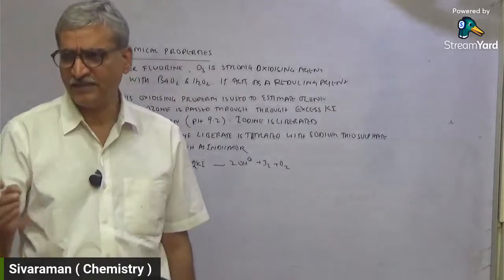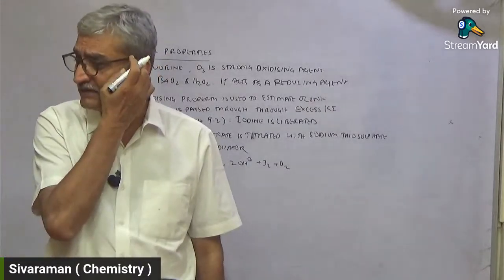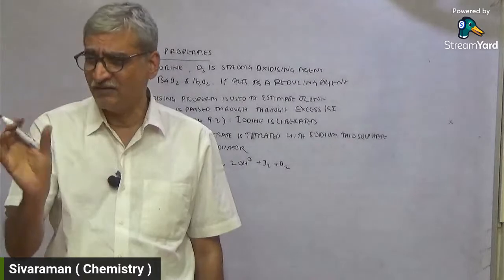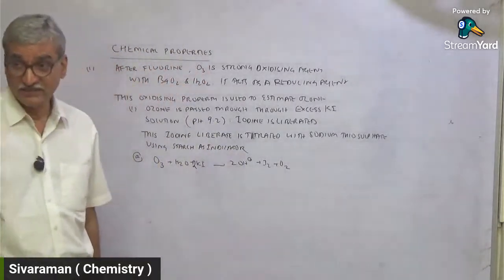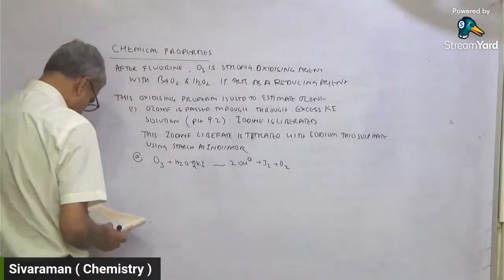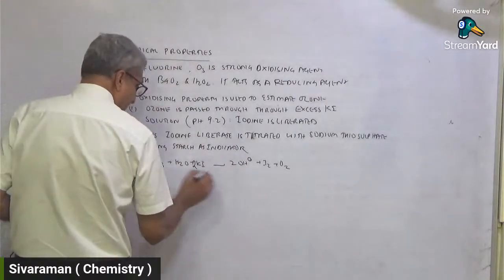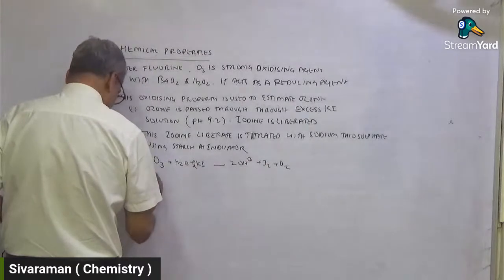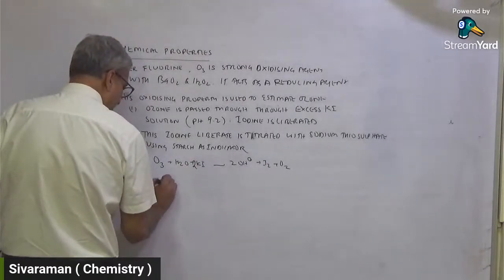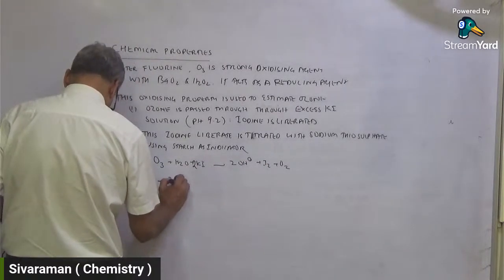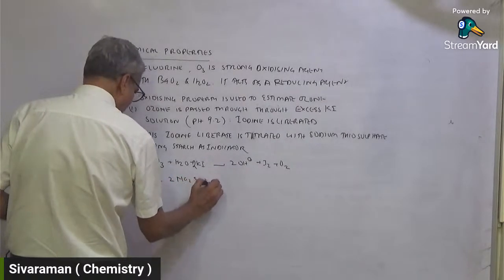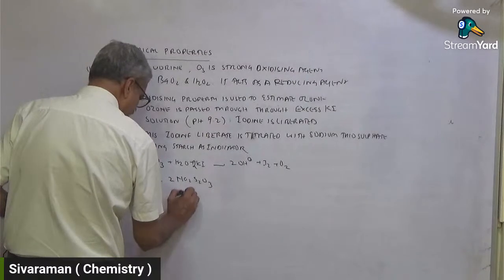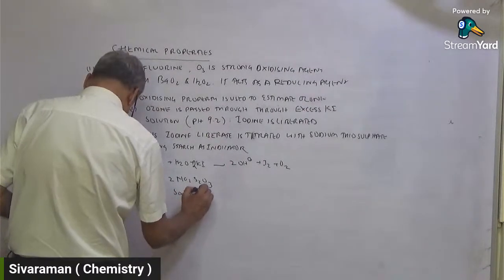The moment iodine is generated, add starch solution, which will form a blue color solution. So blue to colorless, very distinctly. This is in the conical flask. In the burette, you have sodium thiosulfate, Na2S2O3.